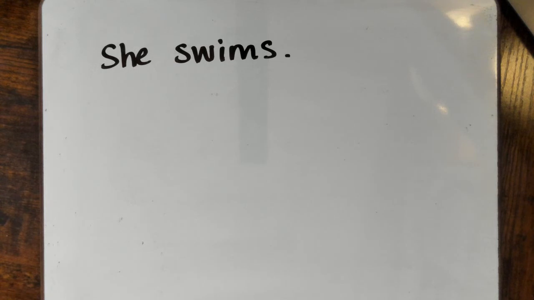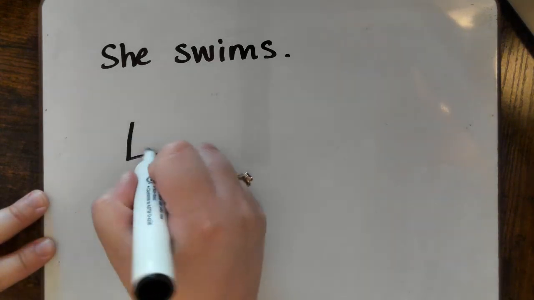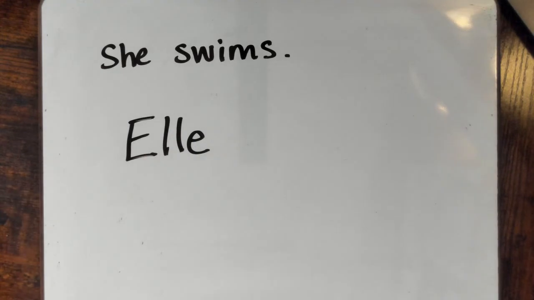Now we're going to try some translating. Translating is where you go from one language to the other language. So I wrote an English sentence here, she swims. And your job is to write that sentence in French. How would you write she swims in French? So we're going to start with the subject. The subject is she, and in French, she is elle. And then we need a verb.